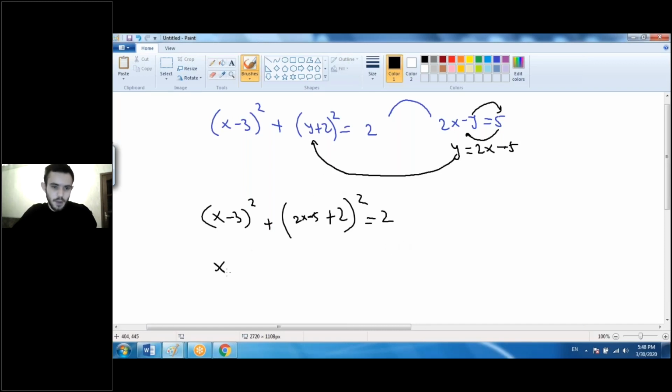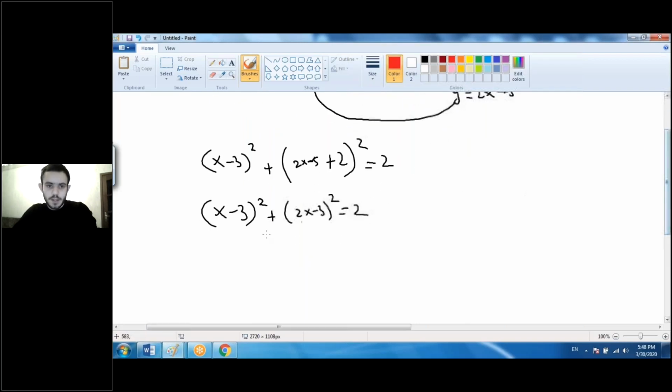Now let's simplify it. We will get (x minus 3) squared plus (2x minus 3) squared equals 2. Let's open the brackets: x squared minus 6x plus 9 plus 4x squared minus 12x plus 9 equals 2. We open these brackets using the formula of abbreviated multiplication: (a minus b) squared equals a squared minus 2ab plus b squared.